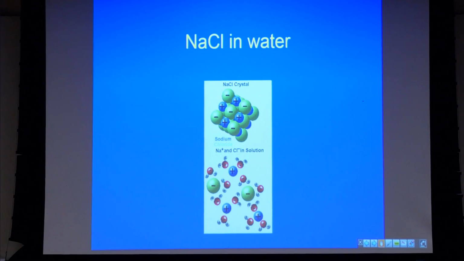This is simply trying to describe what I showed yesterday in some crude pictures. It's showing the structure of sodium chloride, showing the negatively charged chlorides and the positively charged sodium. And these are actually drawn to scale, so you get some sense of the size of these different ions.